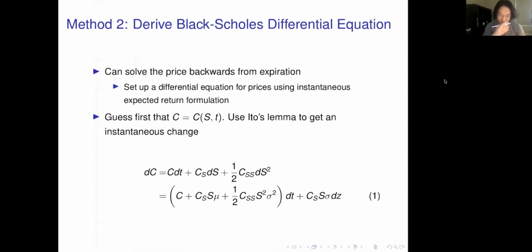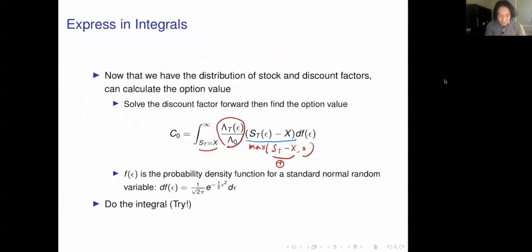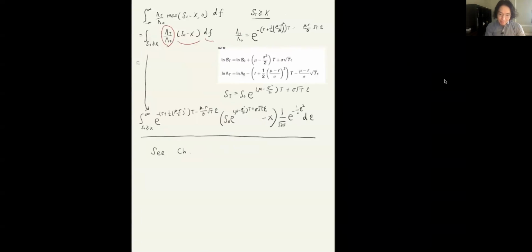Okay, the chapter for the Black-Scholes formula. So that integral is one integral that you have to do at least once in your lifetime. So try it. That is one way of calculating the Black-Scholes option pricing formula.